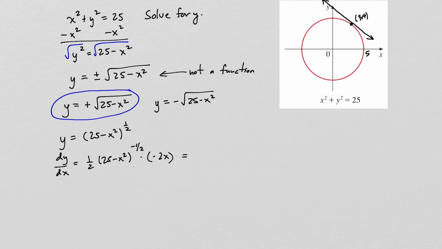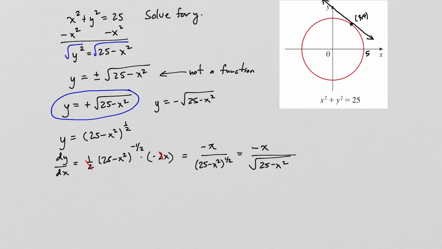And if we simplify this, we can express this as negative x over 25 minus x squared to the positive 1/2. So I'm just canceling the 2's here and then moving the power down to make it a positive power, and we could finally express this as negative x over the square root of 25 minus x squared.